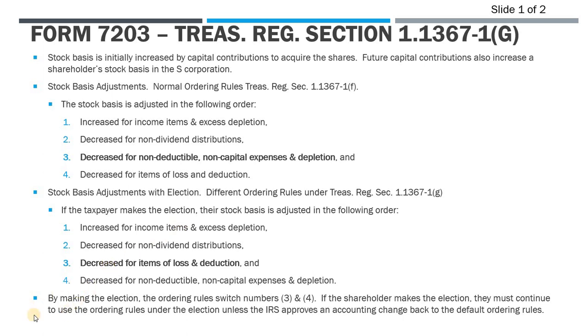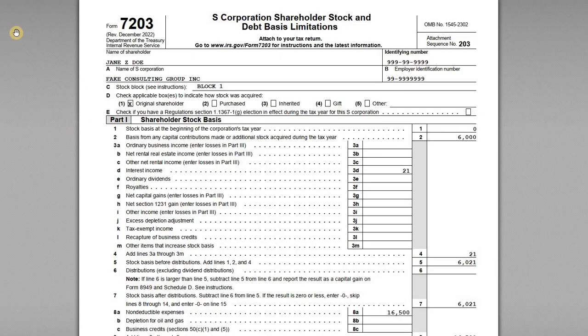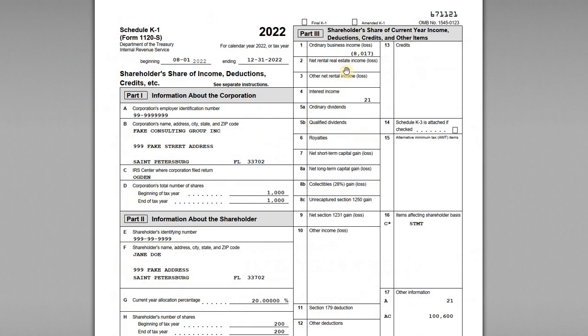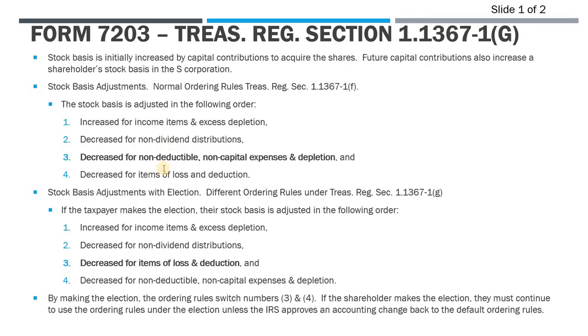For example, if we're looking at the K-1 for Jane Doe, line 1, ordinary income or loss, the 8,017 loss, under the initial ordering rules that item would come as number 4 when we look at the ordering for adjusting Jane Doe's basis in her shares.